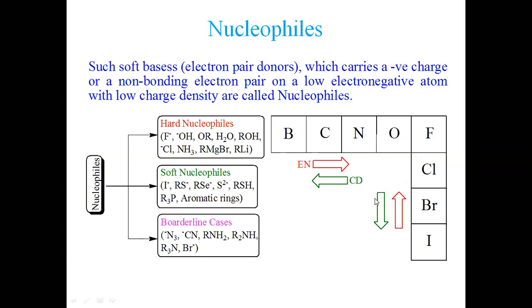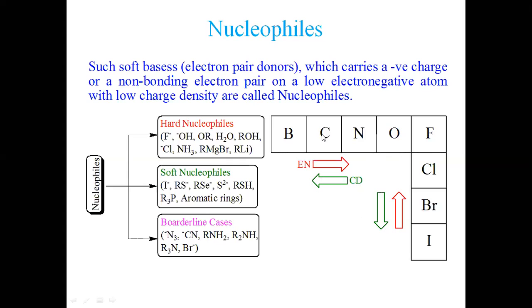So charge density is in fact charge per unit volume. I have made this opposite. This arrow should also be opposite because charge density we are bringing in this direction, not the atomic radii. I have presented this with respect to atomic radius.